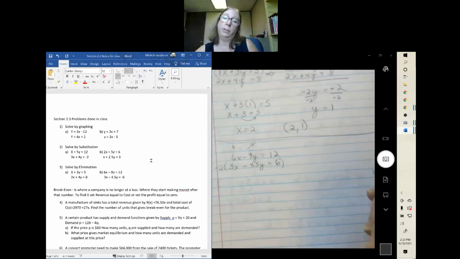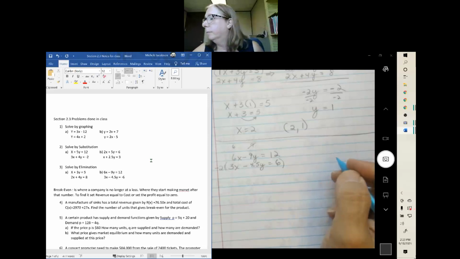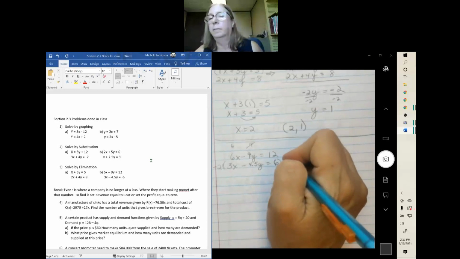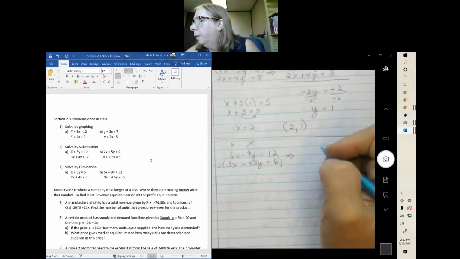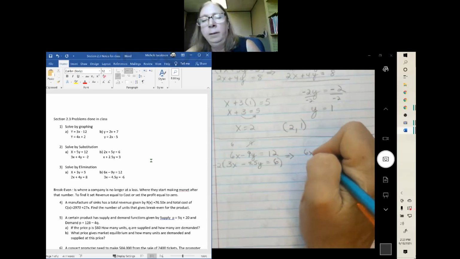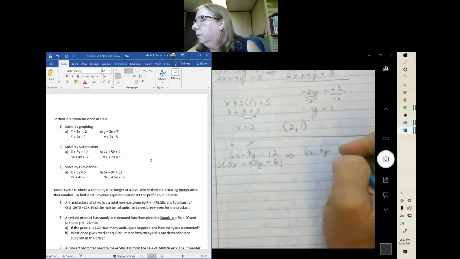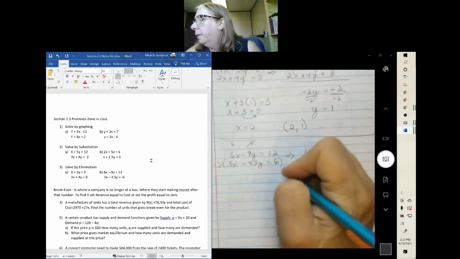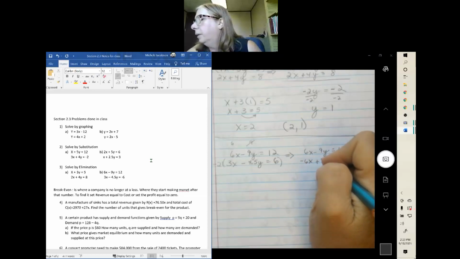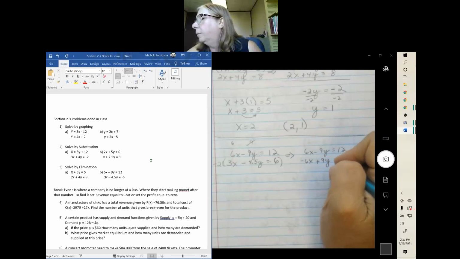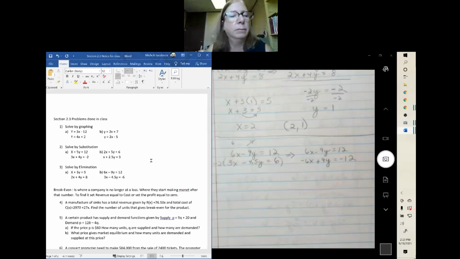Why change both if I could change only one? I'm not changing the top. The bottom, we get a negative 6x, a positive 9y, and a negative 12. Did I write them right?